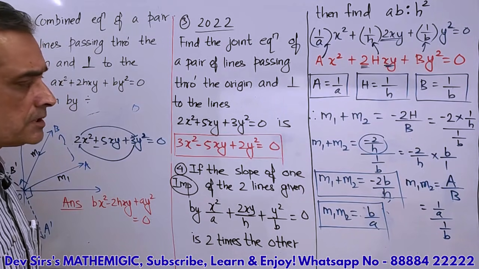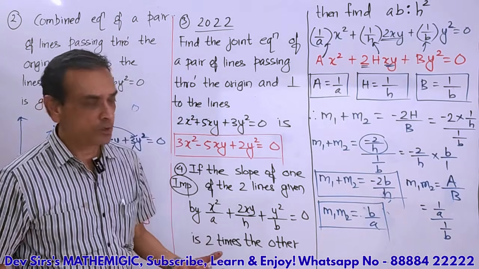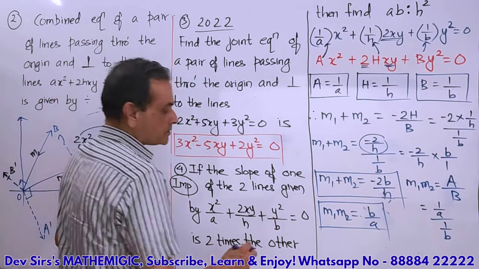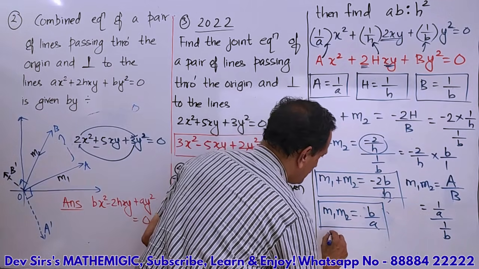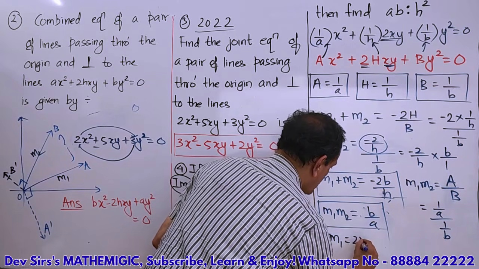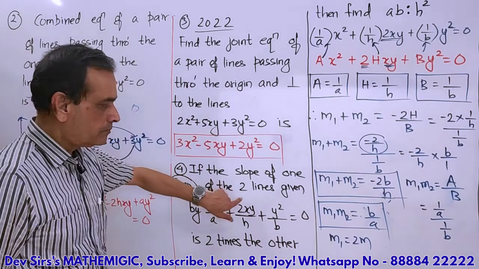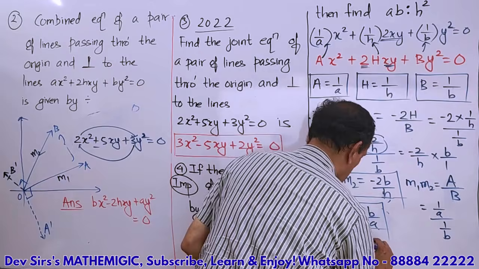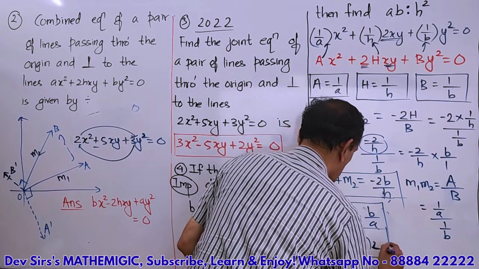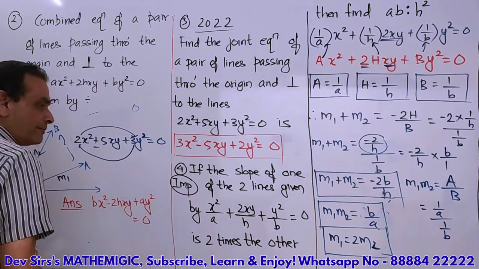Now, third, if you remember, this type we had done before. Slope is 2 times the other, 3 times the other. So the third condition is m1 is equal to twice m2. m1 equal to 2 m2 is given.